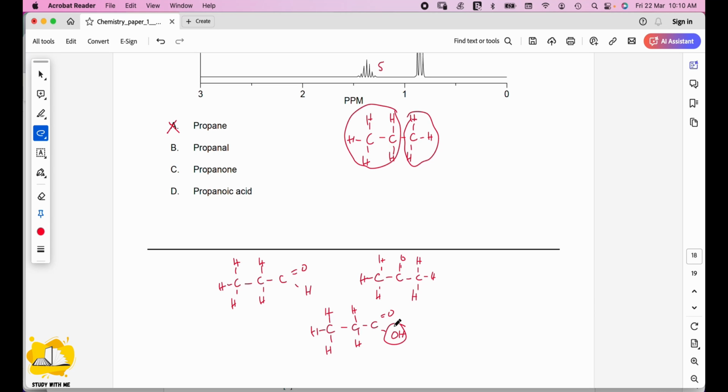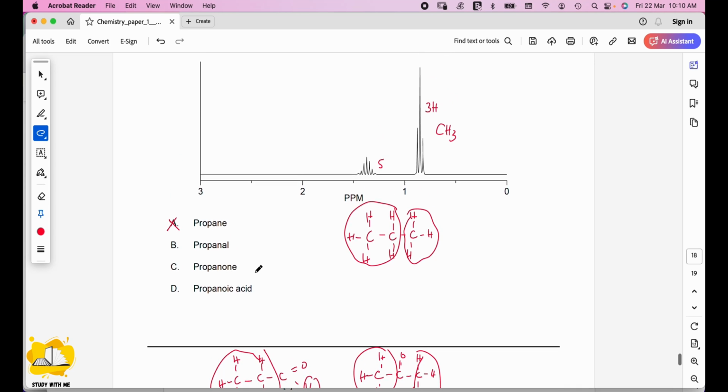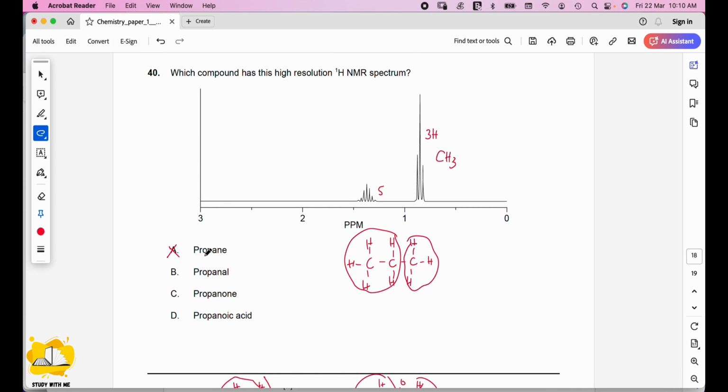So you've got here and you've got here, so 1H, but this one is 3. And here, okay, you've got 3, but the other one is 3 protons. And here you've got 1 and you get 5. So that's why propane makes more sense to be the answer for question number 40.